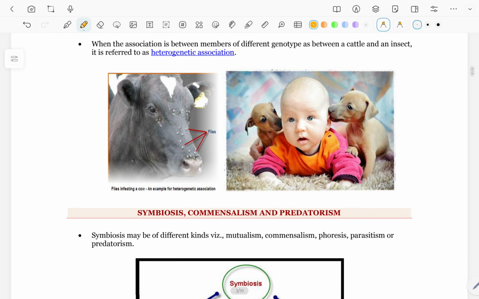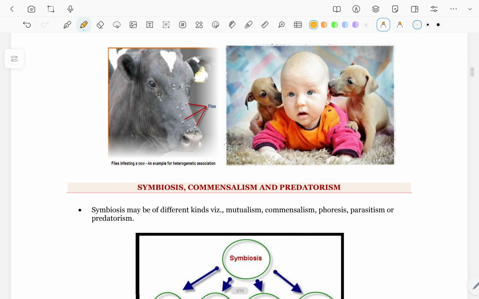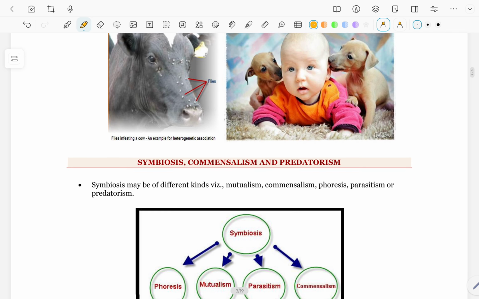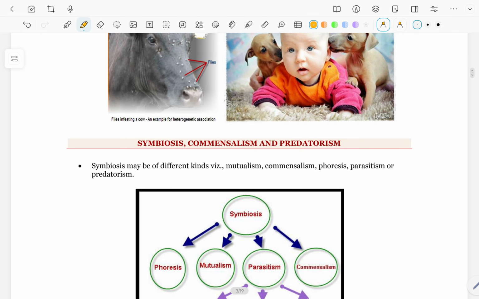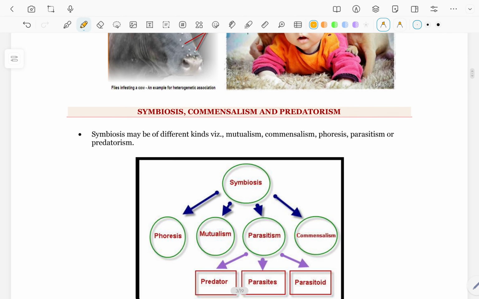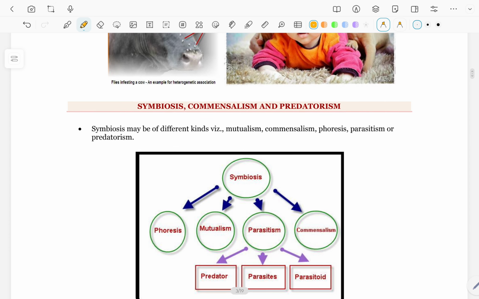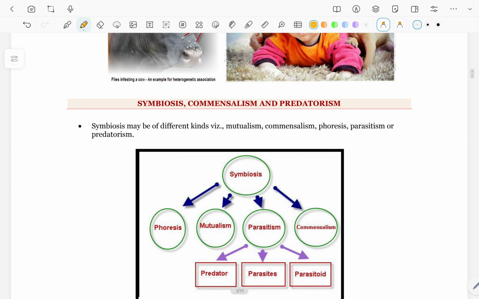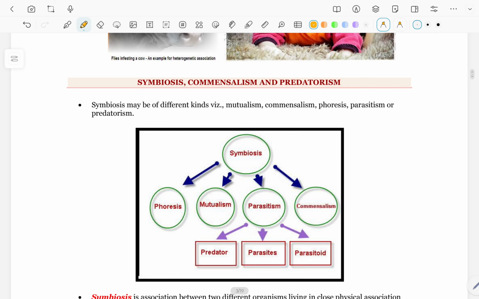Symbiosis, commensalism, and predatorism. Symbiosis may be of different kind, viz. mutualism, commensalism, phoresis, parasitism, or predatorism.